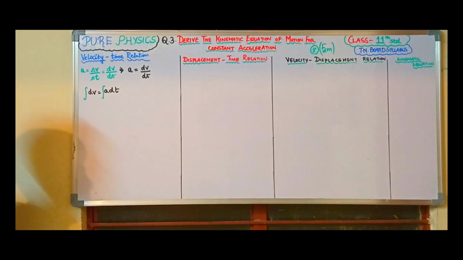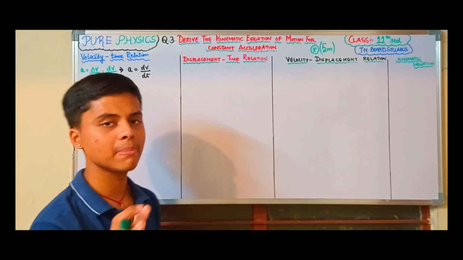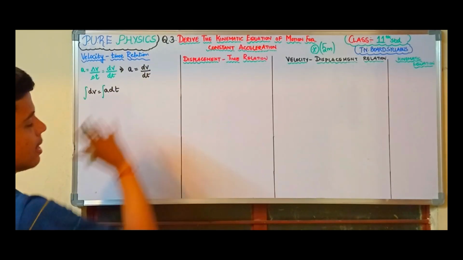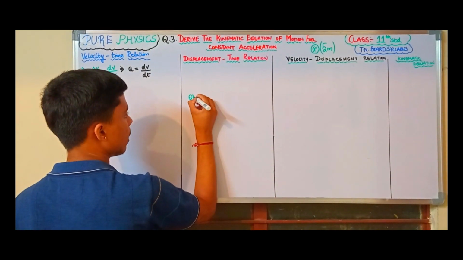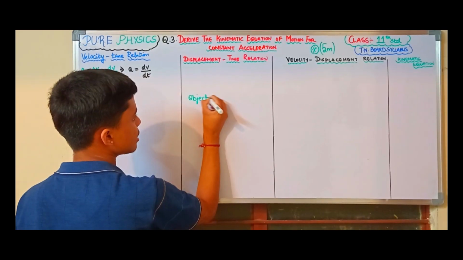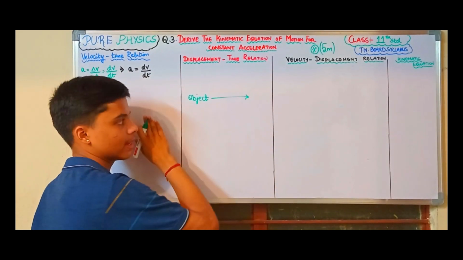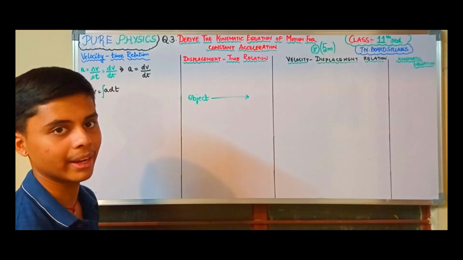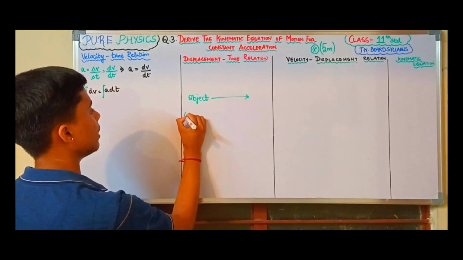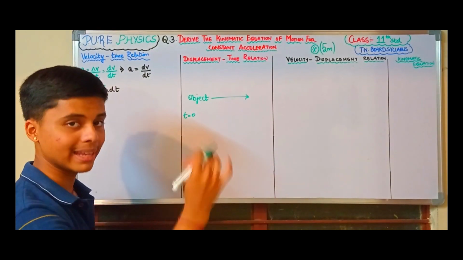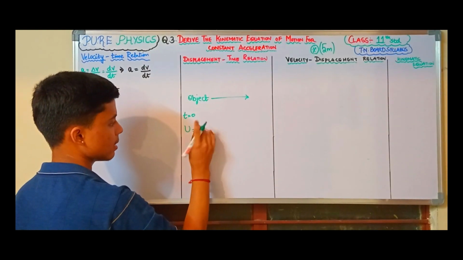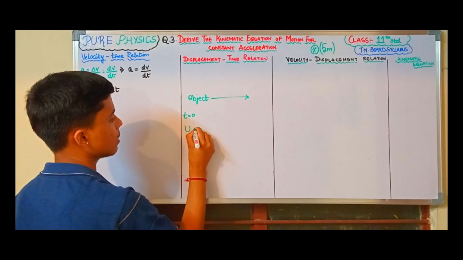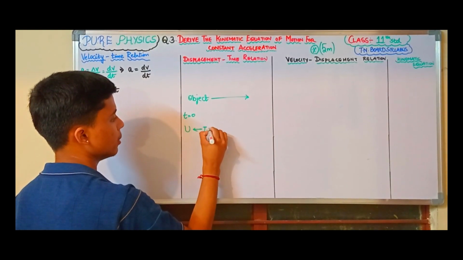Before obtaining our integral formula, I need to assume that an object is moving along a straight line. At time t equal to 0, my initial velocity is u.